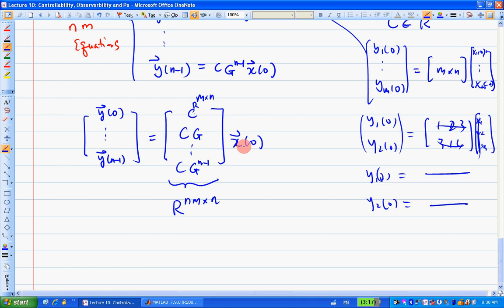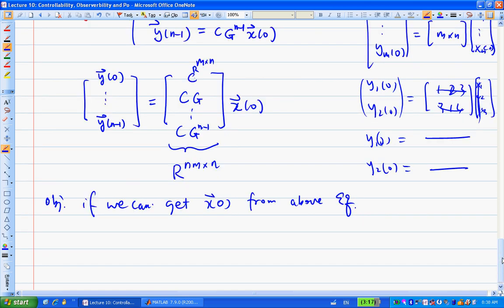Okay, but what do we want? We want to see if we're able to get this x of 0. So the objective is to get x of 0 from the above equation.